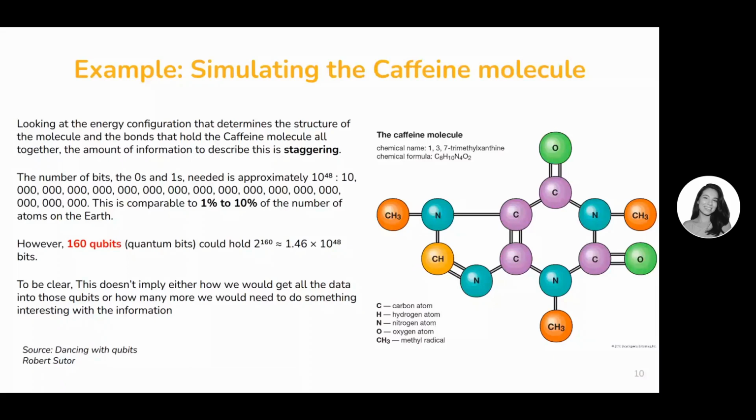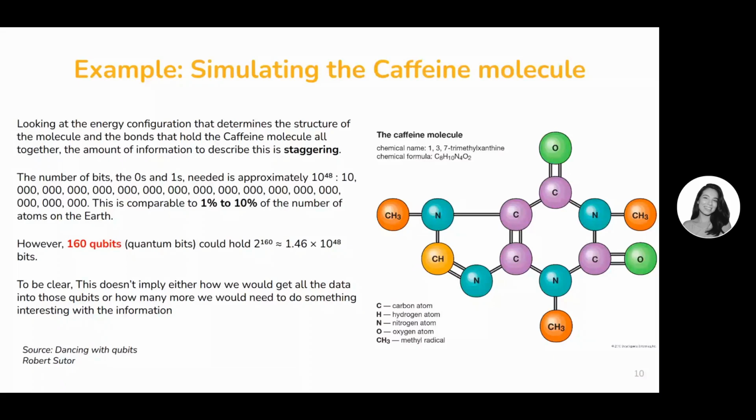Of course, I need 160 perfect qubits that would operate with no errors, in a perfect environment, in order to give me this computational power. But just to be clear, this is a thought-of example. It doesn't imply that we will get all the data into those qubits, or whether we really need 160 qubits. Maybe more, maybe less.